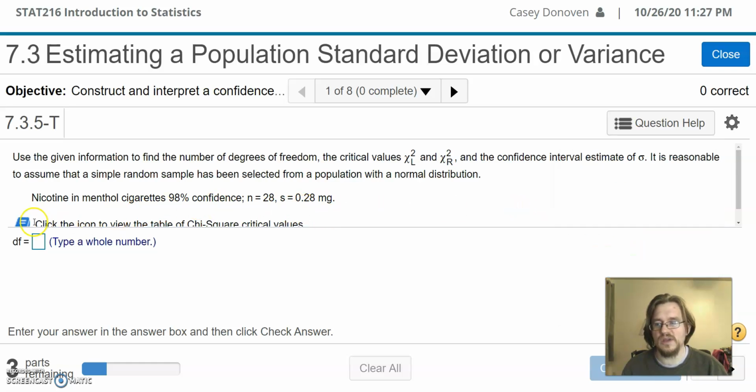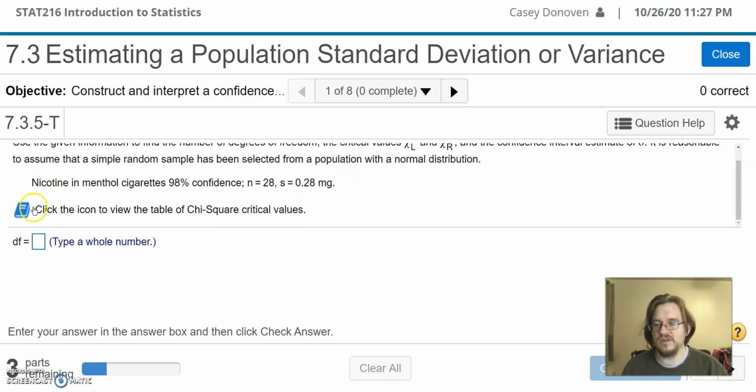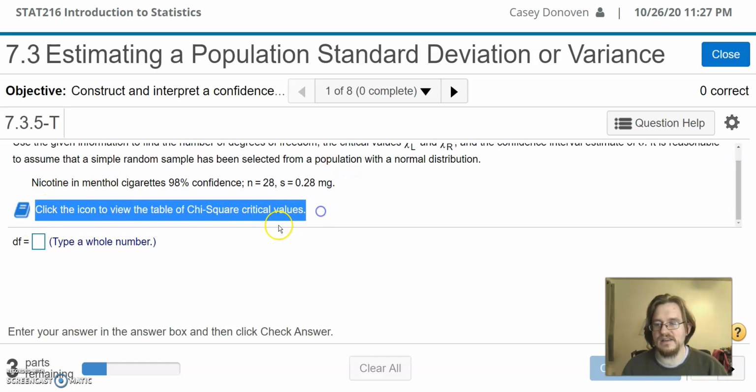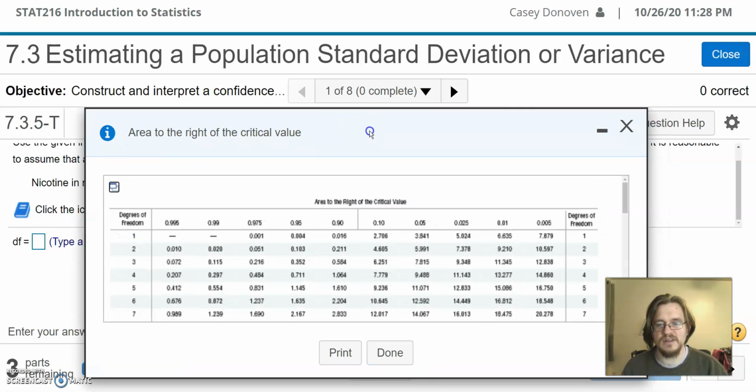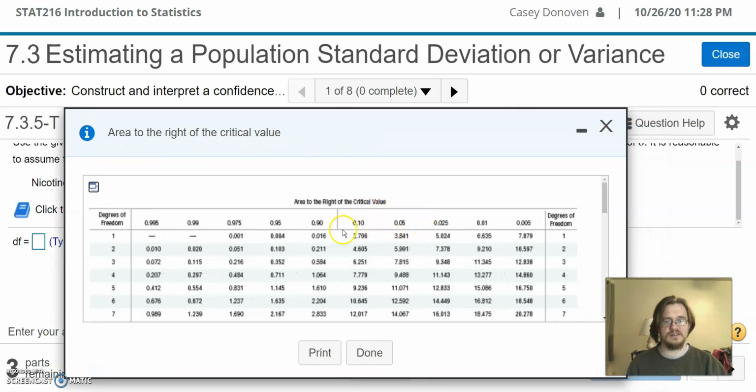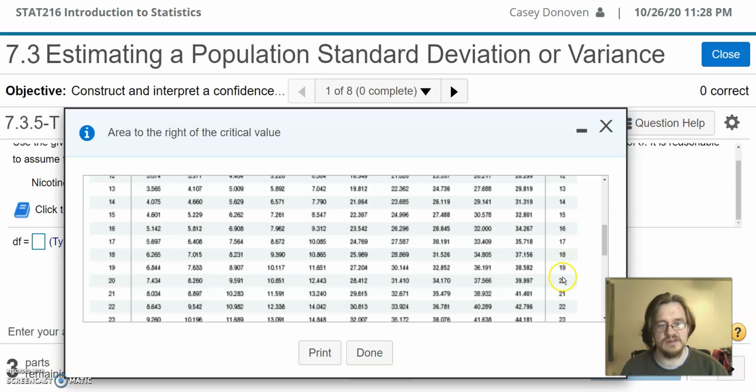Or we could look at the table. The table is a little bit hard to read since it looks pretty poor quality, but what we'll see is that the degrees of freedom is listed on the left and the right. So we can come down to 21, and we can follow this across to figure out our critical values.